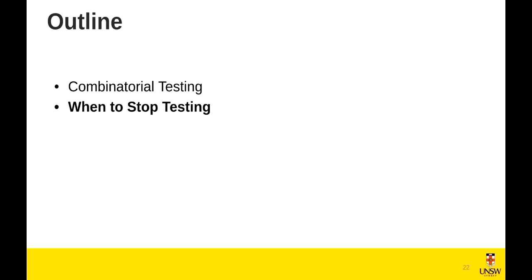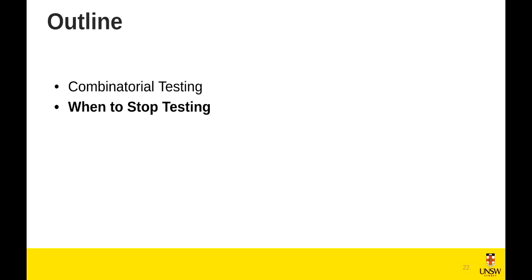And we also learned some limitations of combinatorial testing. So it has the problem of parameter explosion, similar to what we have learned for path explosion. And it's all because of combinations of paths or combinations of parameters.